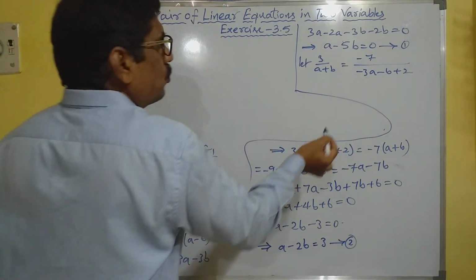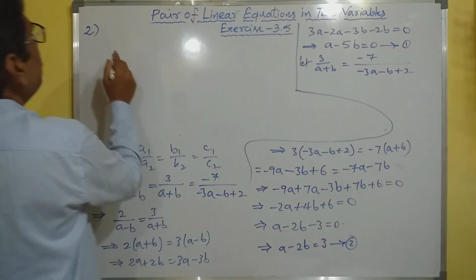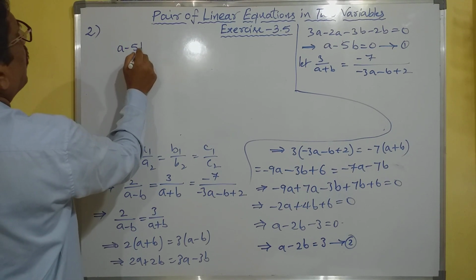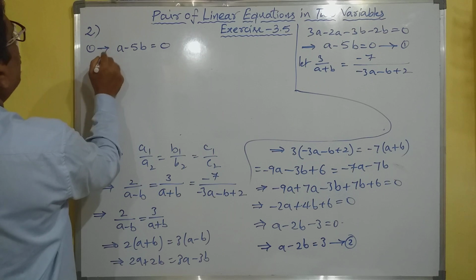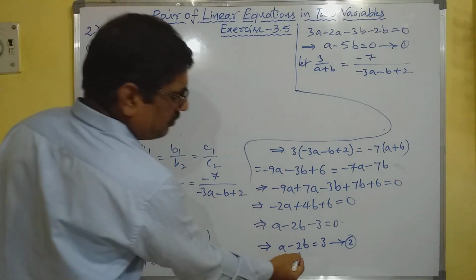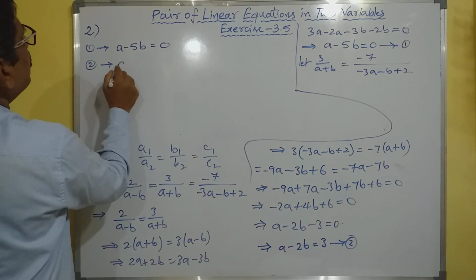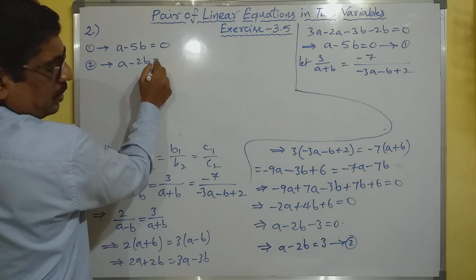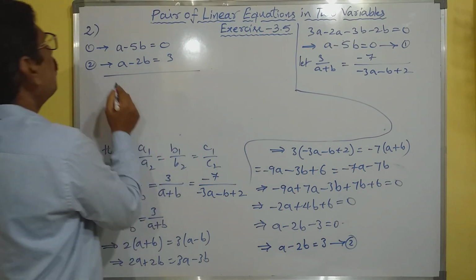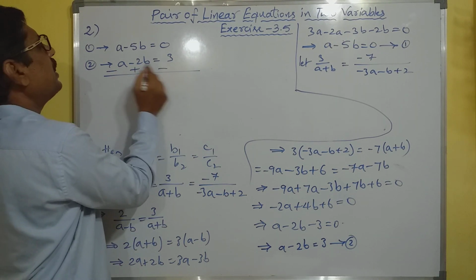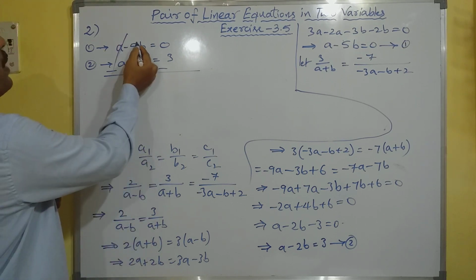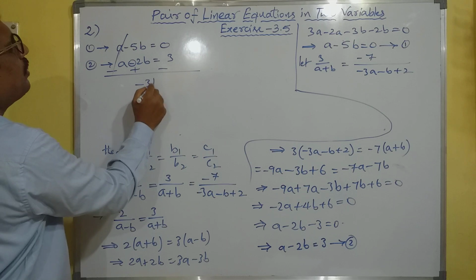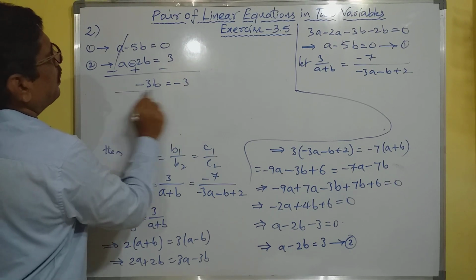Now I am going to solve these two equations. A minus 5B is equal to 0, and the second equation is A minus 2B is equal to 3. Now by changing the signs of the second equation, we get minus A, plus 2B. We can cancel A with minus A. Minus 5B plus 2B is minus 3B. 0 minus 3 is minus 3.